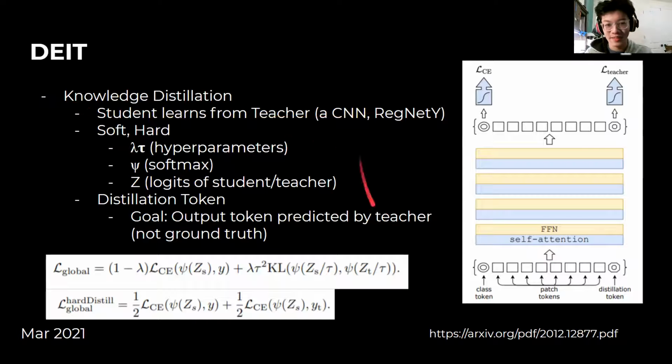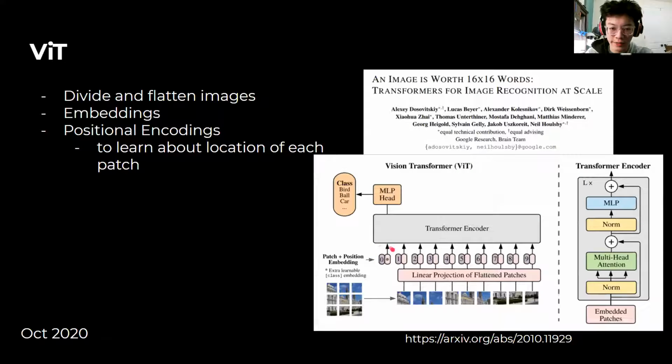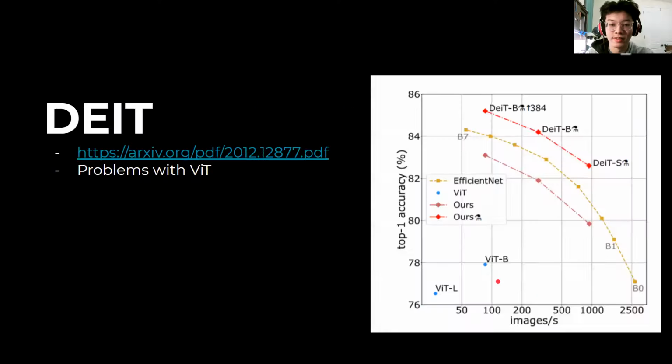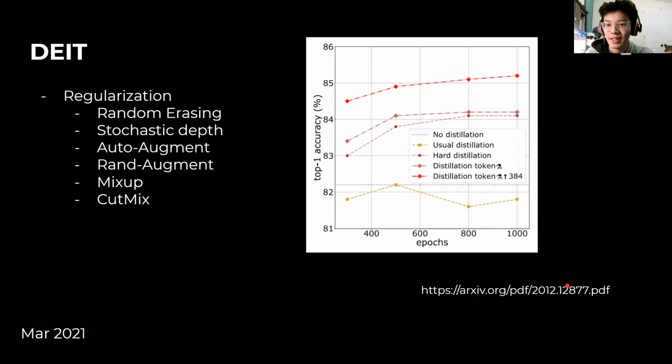These are just some symbol declarations. But we can see from the model here, it's still very, very similar to a vision transformer. So we still have a class token here, as we have right here. We still have the image patches here, which are here.